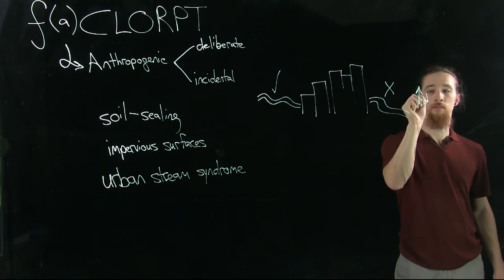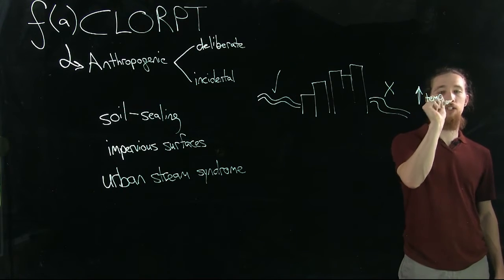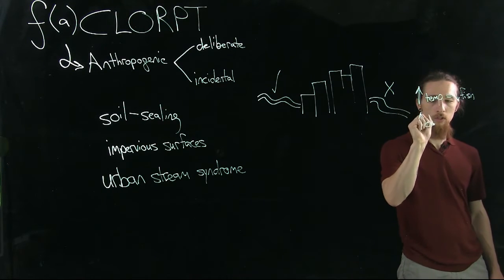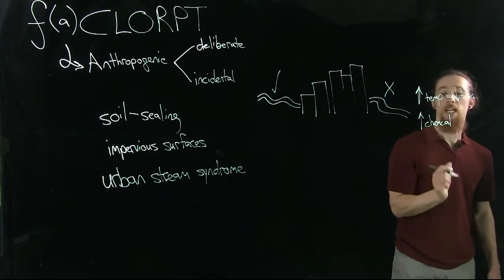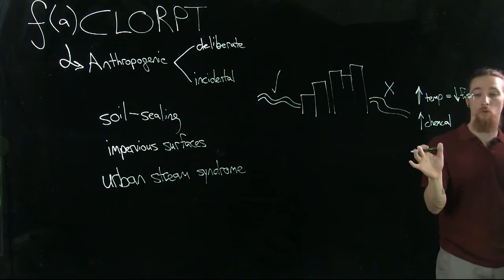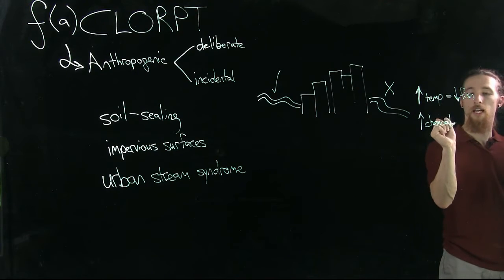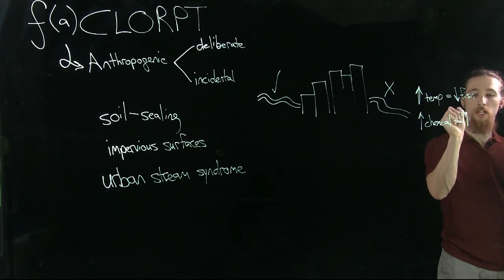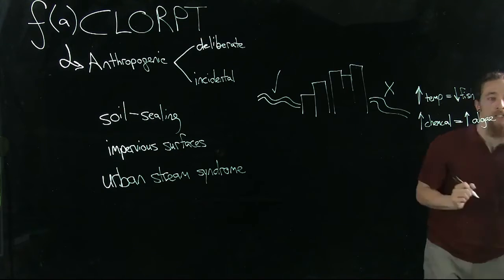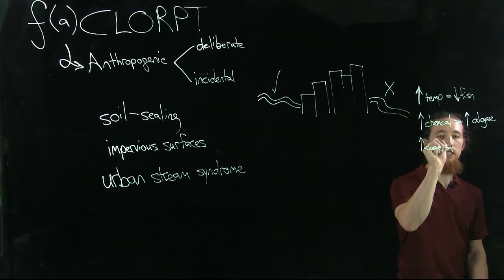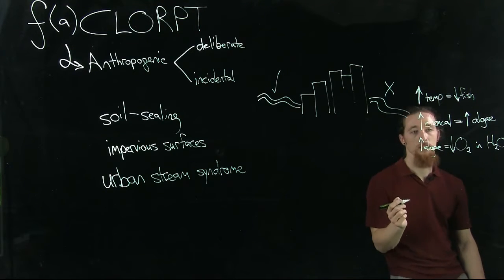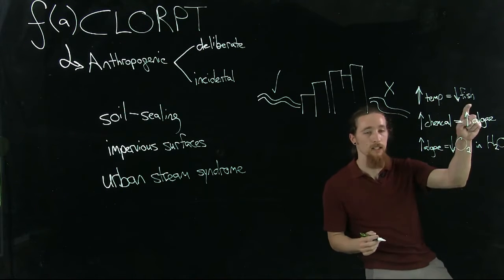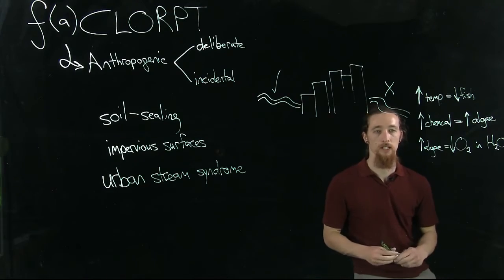Elevated temperature, which tends to kill fish, increased chemical loads in the water because it wasn't filtered by the soil. And so that means we get greater algae growth. More algae means less oxygen in the water. And that means, again, less fish. And so this is where we get dead zones.